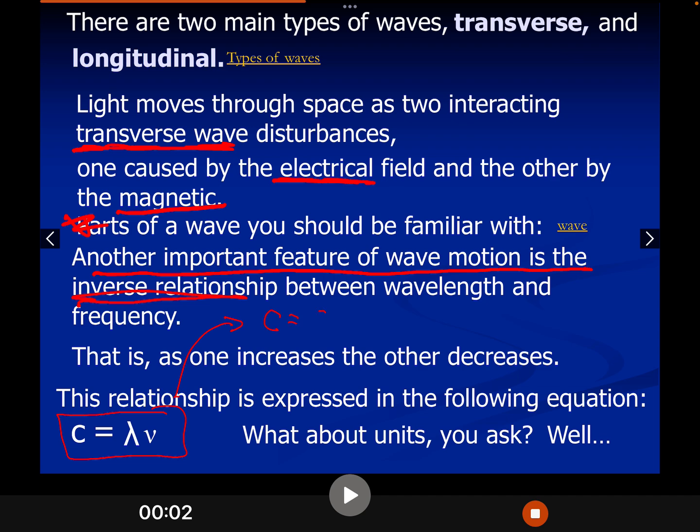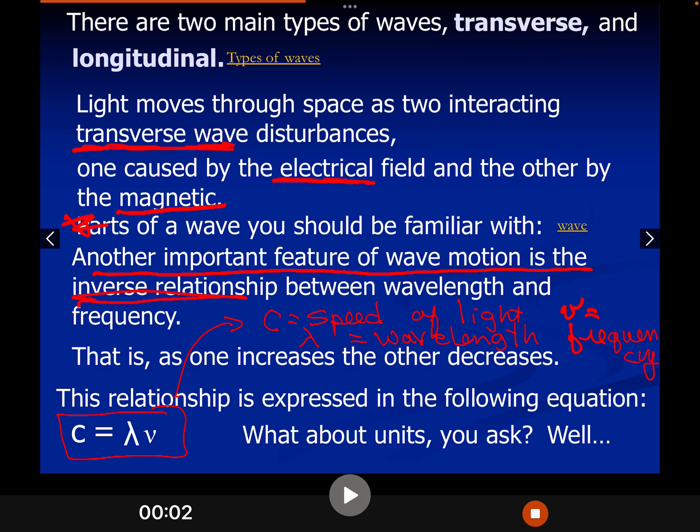C is speed of light, which we'll talk about in a few moments. Lambda is wavelength. And nu, which looks like a little v, is something we call frequency.